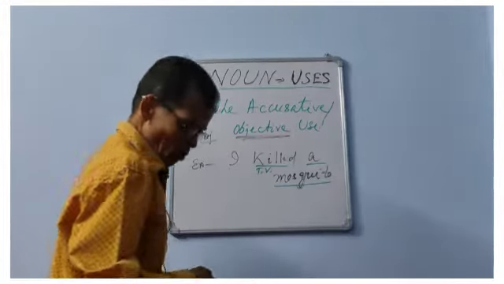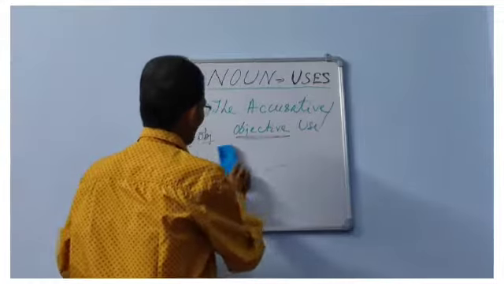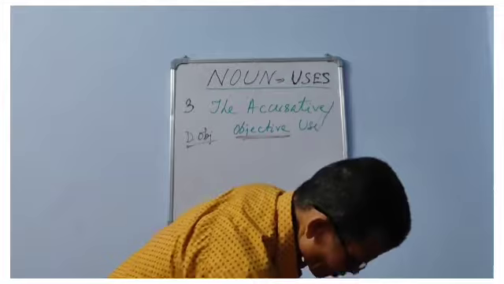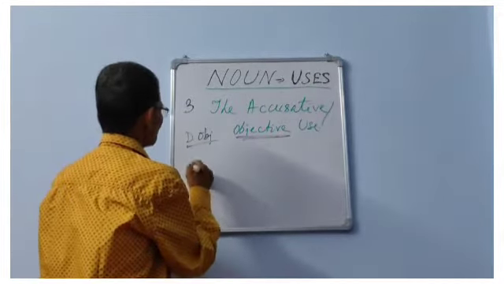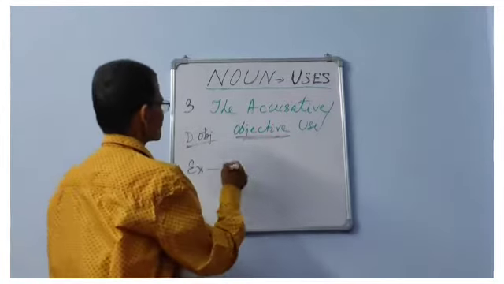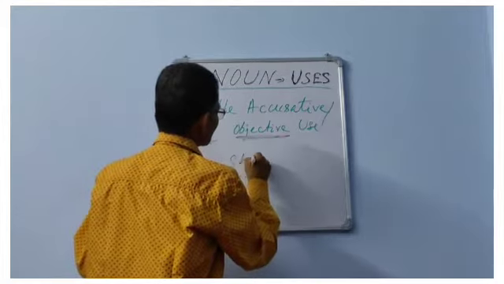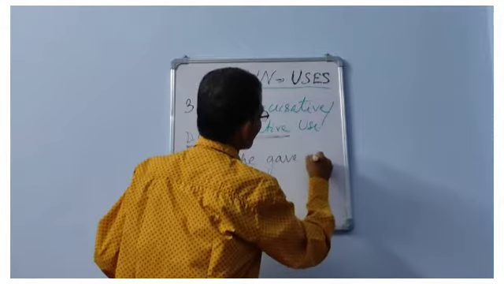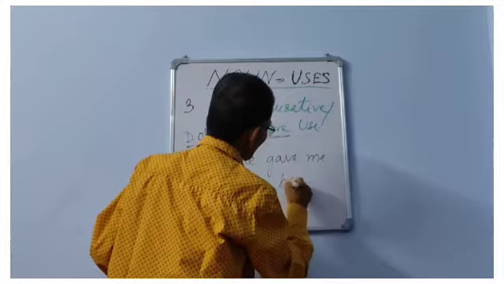Similarly, we can also take another example of this direct object or the accusative use of a noun. Now suppose we take this example: She gave me a book.